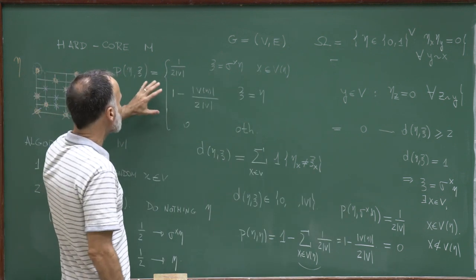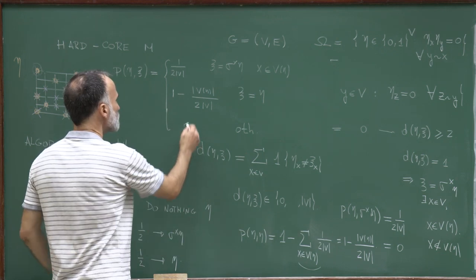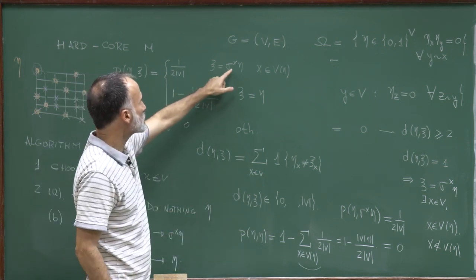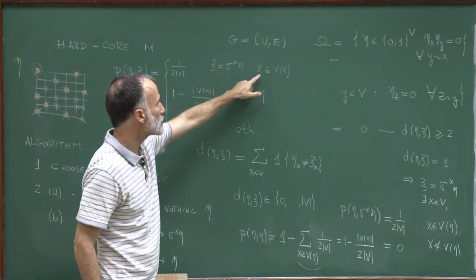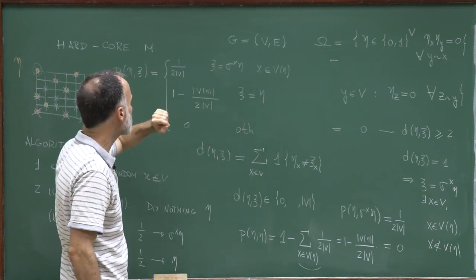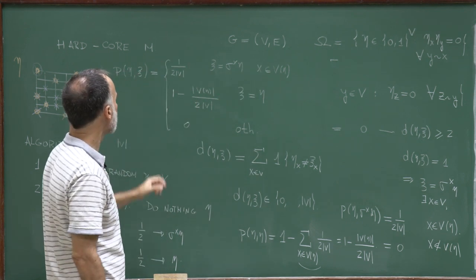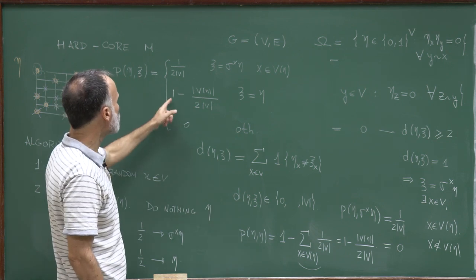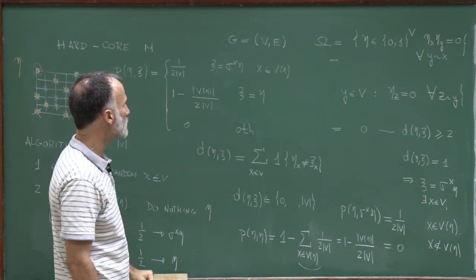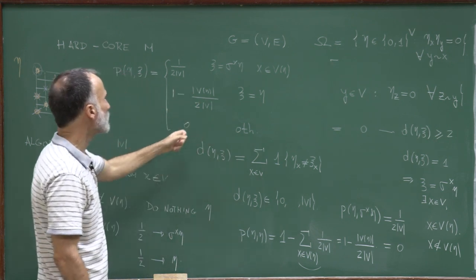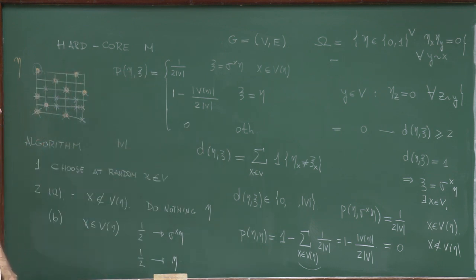You jump only for two different types of configuration: either to a configuration sigma x eta if you are allowed to jump, so if x belongs to V of eta, and this happens with this probability, or you stay where you are with 1 minus this probability, and all the other jumps are forbidden.